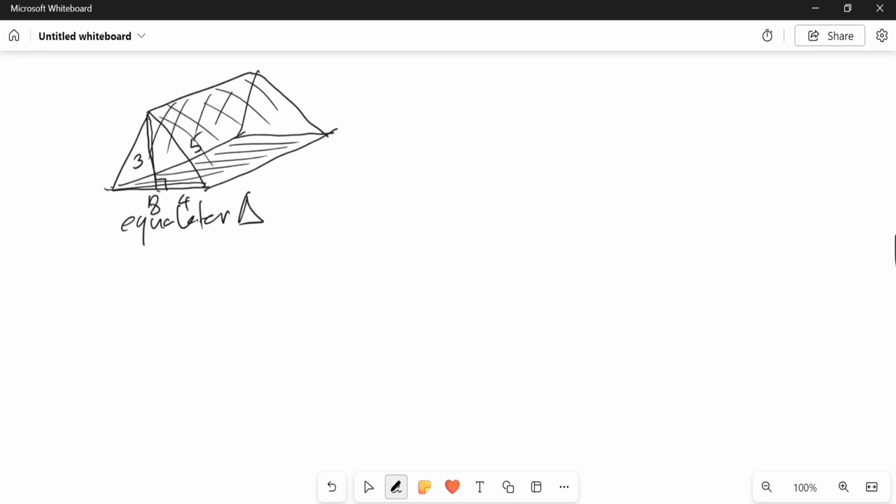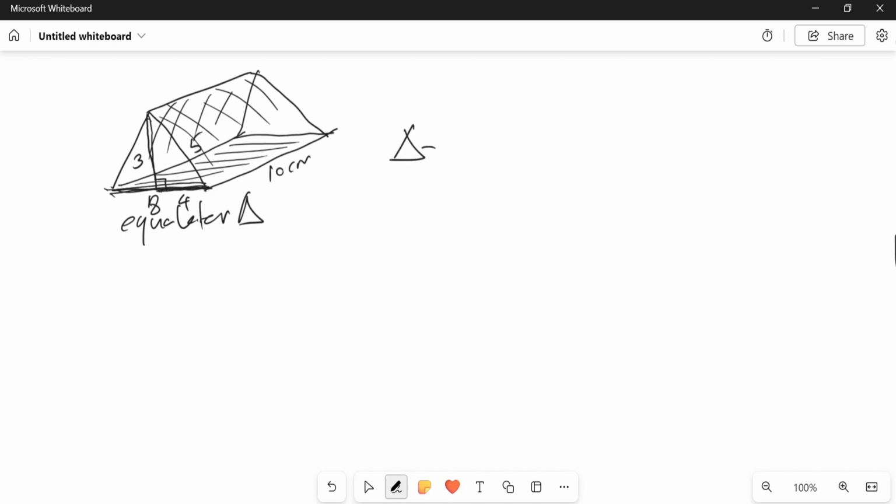For example, the base is 8, meaning here half is 4. So this is 3 centimeter, 5 centimeter, this is 10 centimeter. All are given, so you don't need to worry about that. The lengths will be given to you. The only thing you have to find is the surface area.